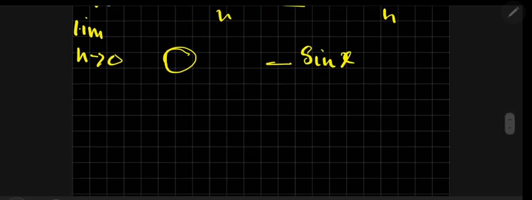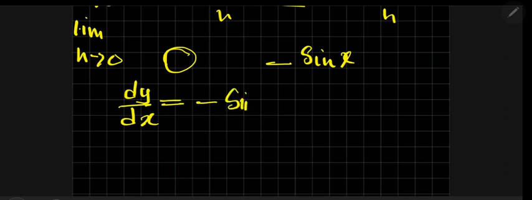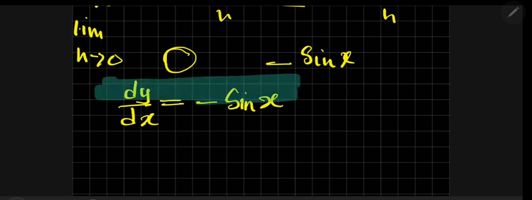Okay, so from here we know that the derivative of cosine of x will be equal to negative sine x, and that right there is your answer.